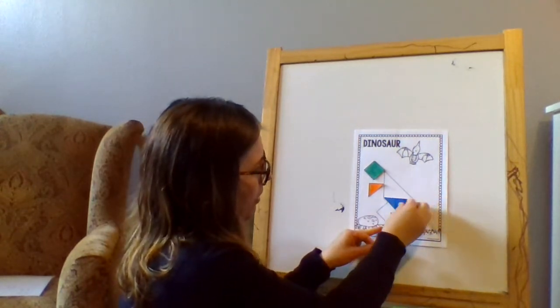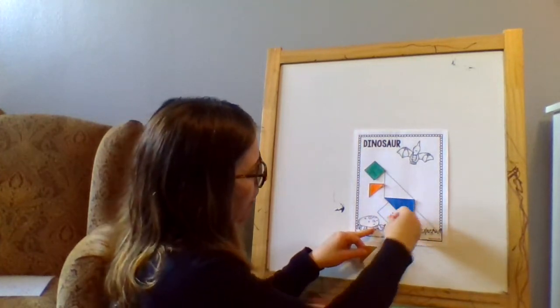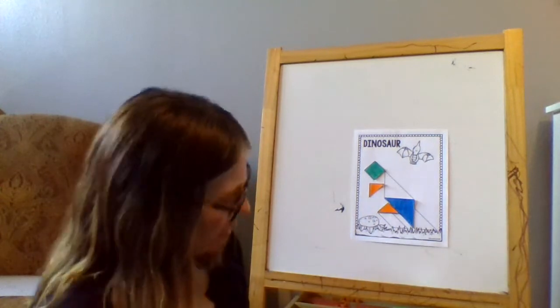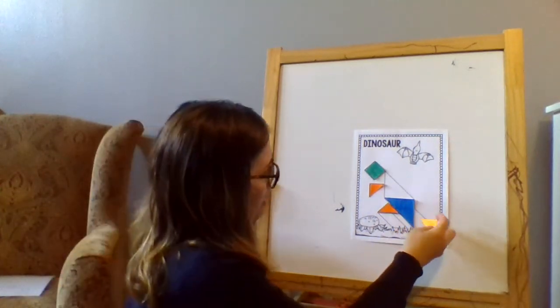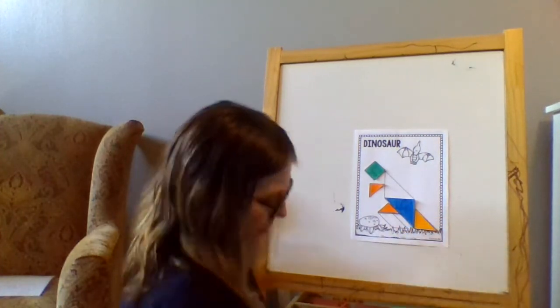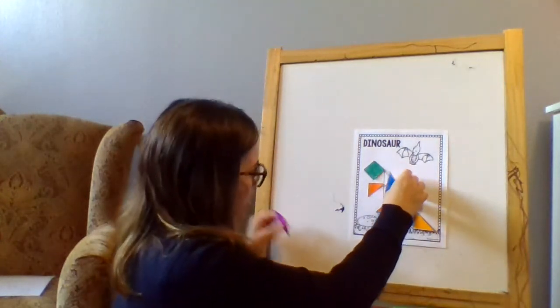Ooh, what about putting one triangle there? Then what could go here? Oh, maybe this could go here? And maybe this could go here? What about this? Goes here.